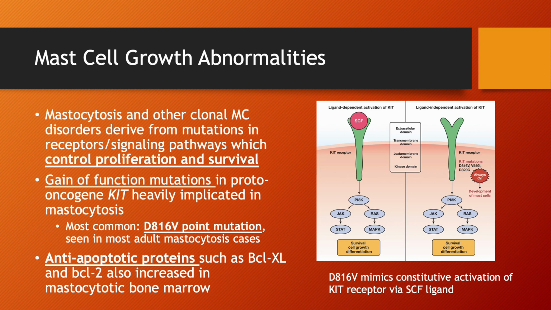So much like cancer, these clonal disorders are a result of rampant out-of-control growth that is happening at the level of signaling. One of these ways is through gain-of-function mutations.